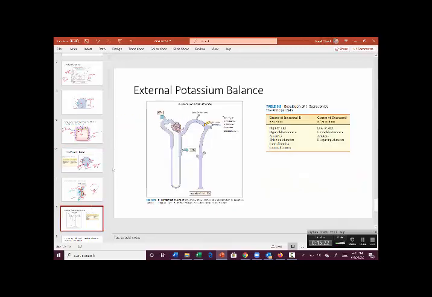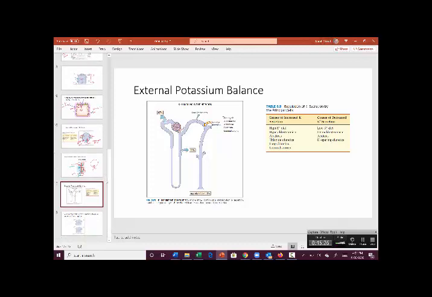Now I want to shift away from internal potassium balance to external. When we're talking about external potassium balance, we're talking about the fate of potassium as it travels through the nephron. What is its fate? Do we need to get rid of potassium into the filtrate, into the toilet, or do we want to keep it?